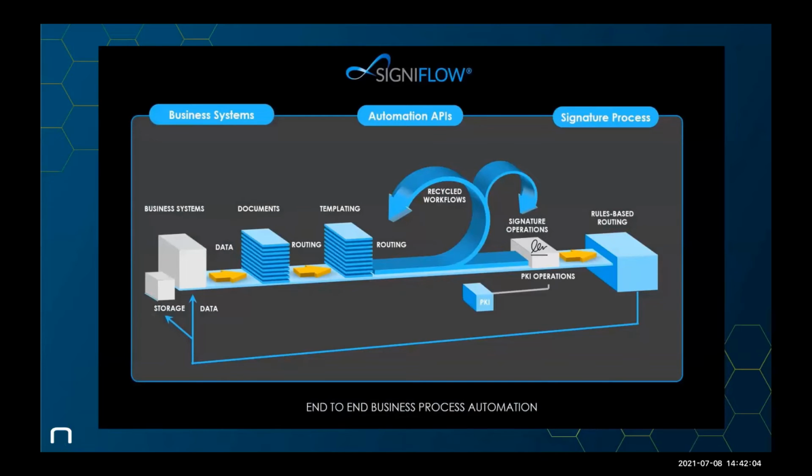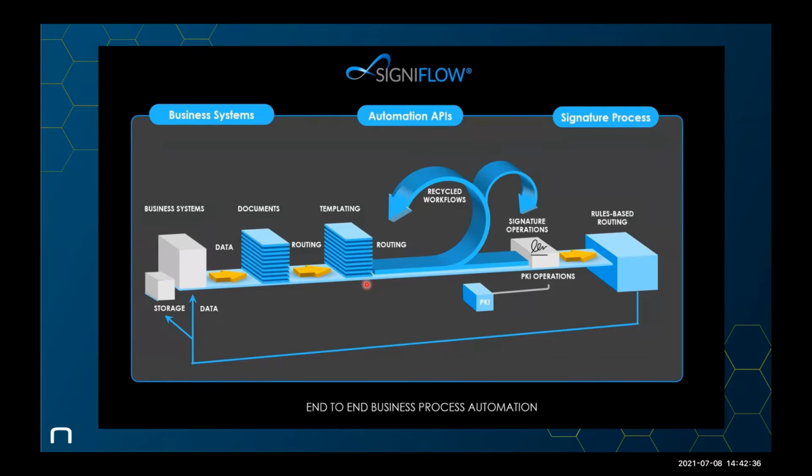So when we look at the whole Sunnyflow mechanism, it is the ability to do end-to-end business process automation, where, first of all, your existing business systems may generate events or data that create documents that need to be routed, okay? There may even be standardized templates for some of your documents that need to be routed.